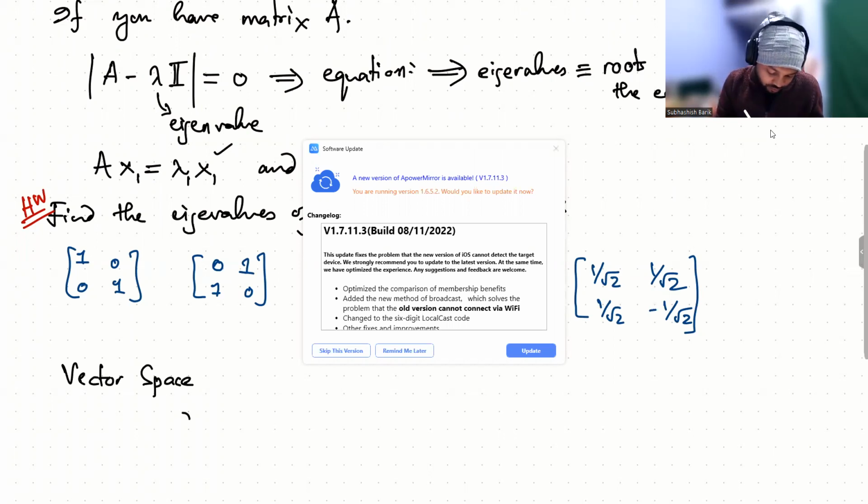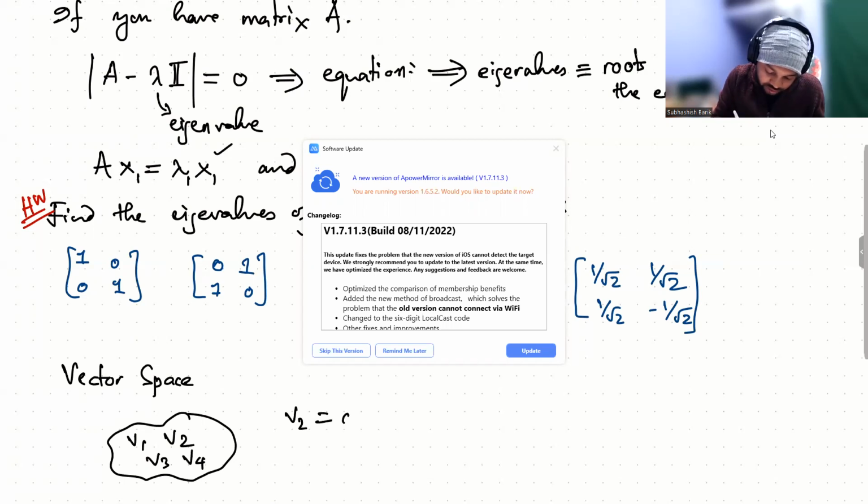Let's say you have a vector space where you have 4 vectors v1, v2, v3, and v4, and I can write v2 as some c times v1 plus some d times v3. Here c, d are any random numbers, 2, 2.5, 3, 3.5, any complex number.